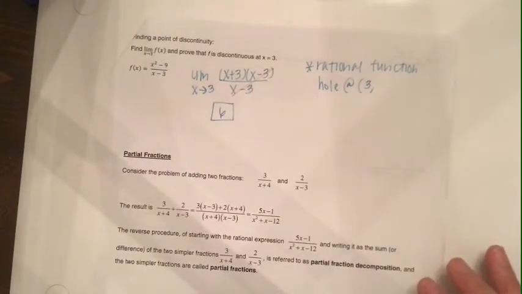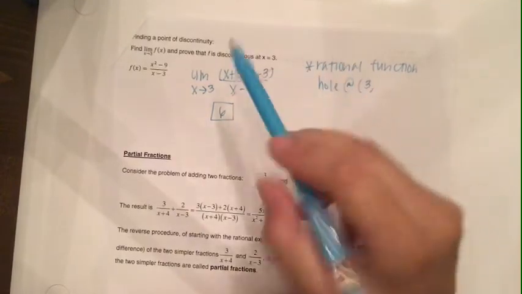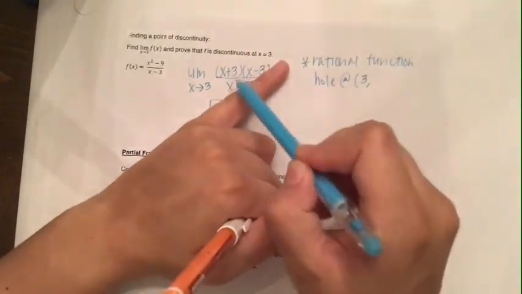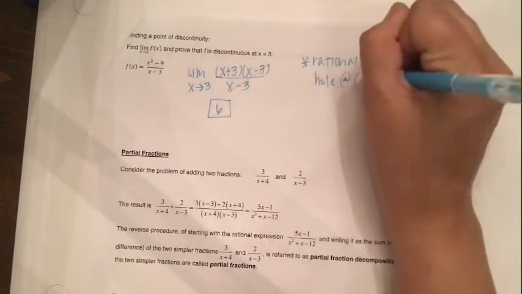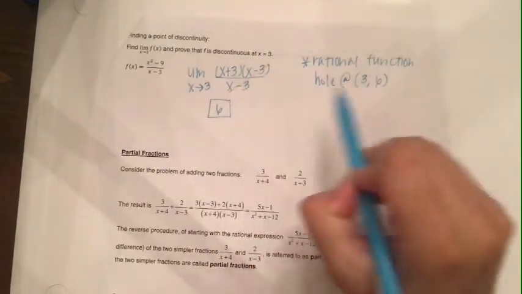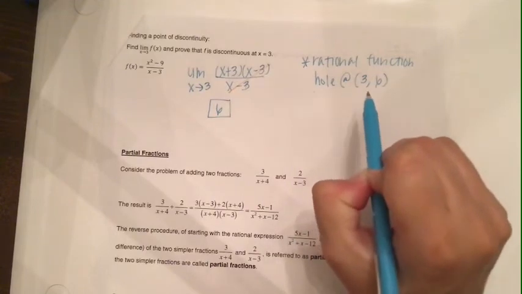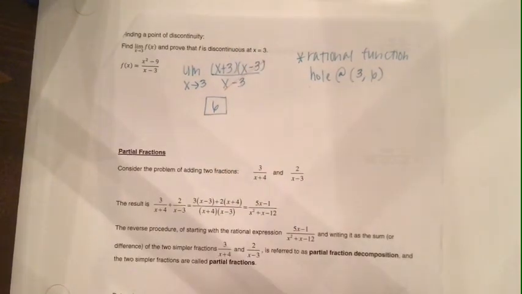And then going back to rational functions, to get the y value, you take the remaining function, x plus 3, and plug in your x value. 3 plus 3 is 6. So for this graph, you have a hole at (3, 6). That's what makes it discontinuous, and you would have removable discontinuity because there's a hole.